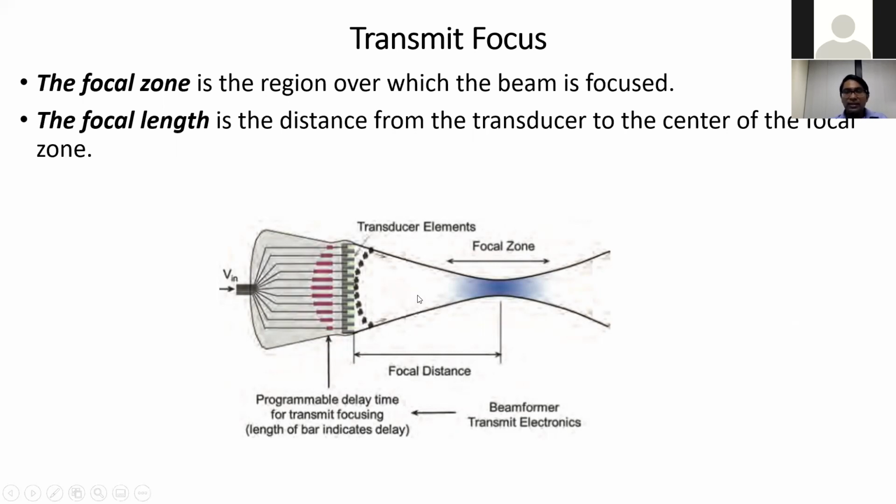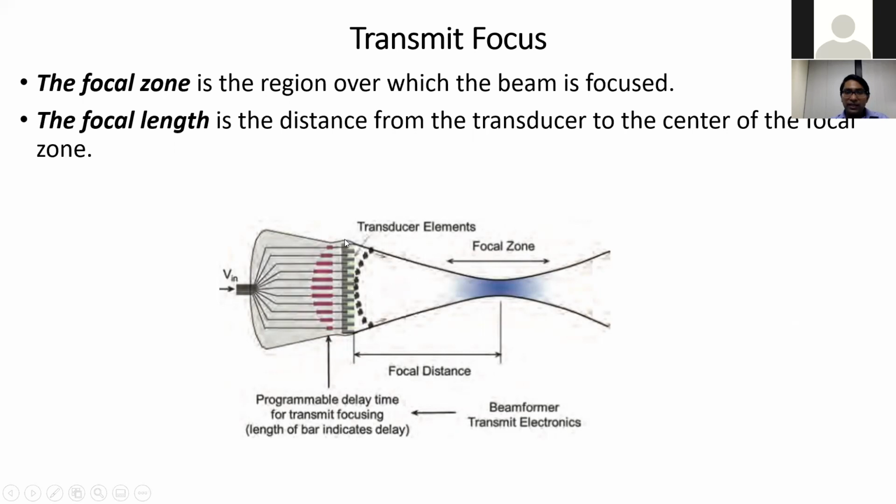How the focusing is done is that we know that if we want to focus at this point, the elements which are at the very edge of the transducer will take more time to travel from this end to this focus point compared to the elements which are at the center. So the center elements will travel the fastest and the edge elements will take the most time. So we can individually fire these elements such that they all arrive at this particular point at the same time, so that their intensities can sum up in a coherent fashion.